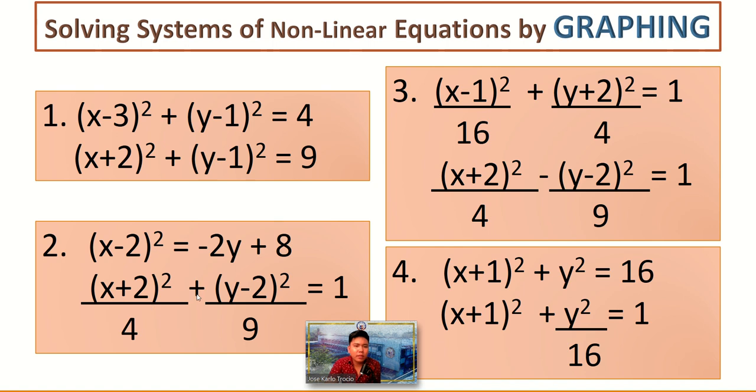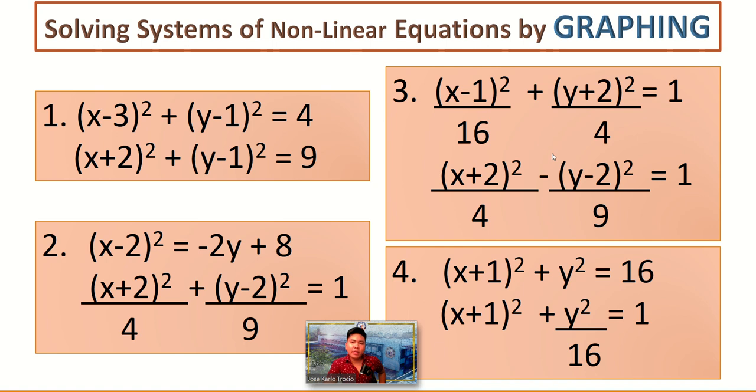The other one is plus, that is an ellipse. The third one is an ellipse, and the other pair of number 3 is a hyperbola because it's minus. Number 4, that is a circle, and the other one is an ellipse. Okay, so that's it for solving systems of nonlinear equations by graphing.